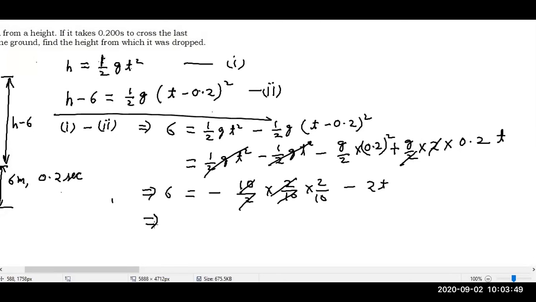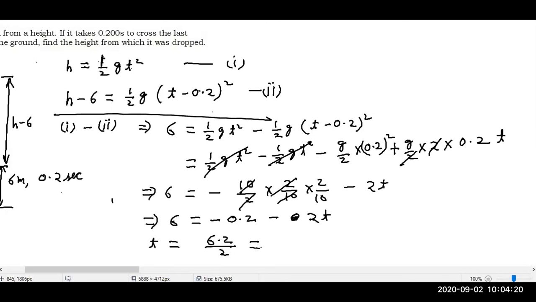If you solve it further, this will be 6 and this is 0.2 minus 2. So the t which we are going to get is 6.2 by 2. This much we are getting.